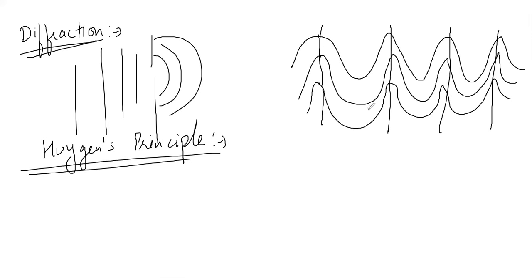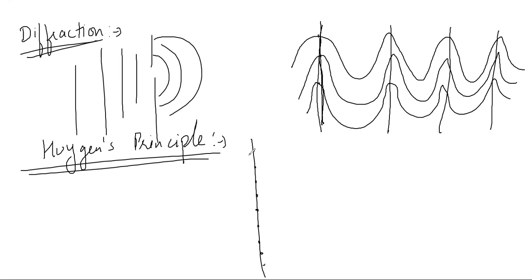Which basically states that on this wavefront, the wavefront that we have defined over here, every single point on this wavefront is going to act as a source of secondary wavelets. And those secondary wavelets are going to move only in the forward direction.